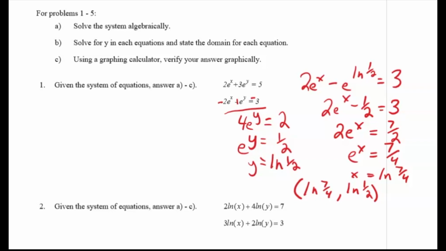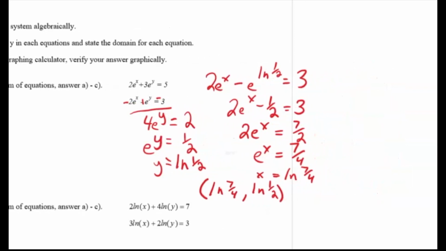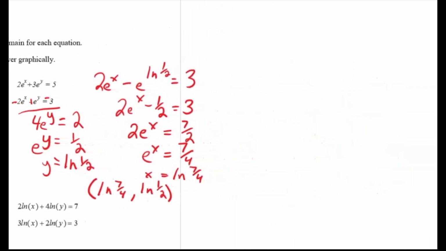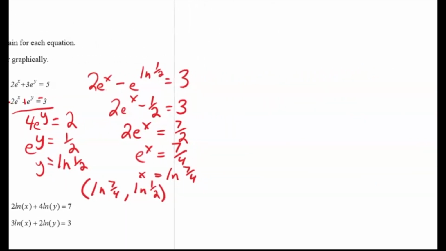Now in part B, it says solve for y in each equation and state the domain of each equation. I typically would not make my students do that, but if you choose to do so, let's actually see what that looks like. So the first equation, we have 2e to the x plus 3e to the y equals 5.